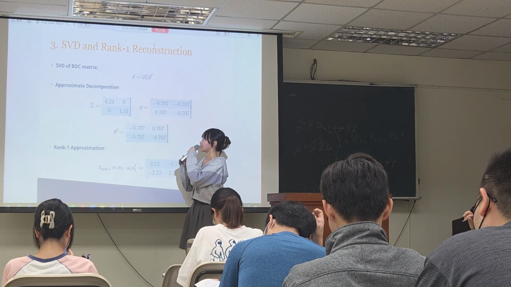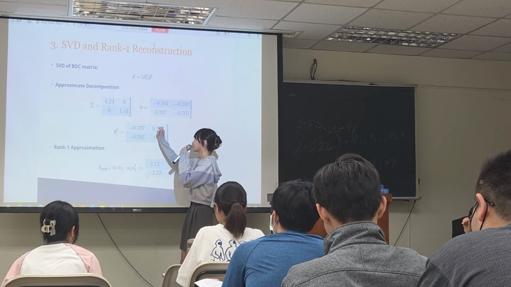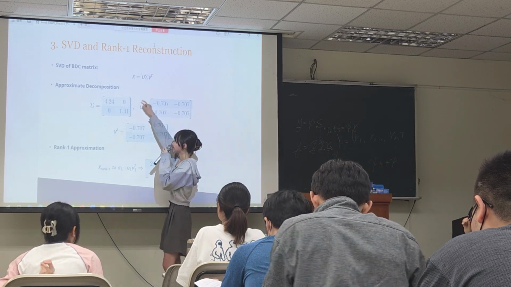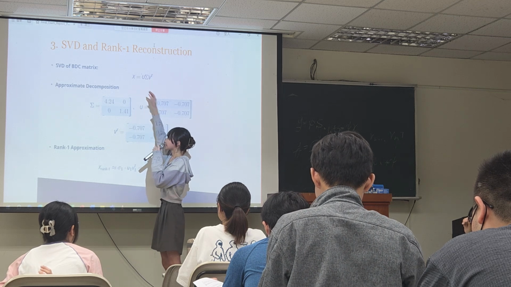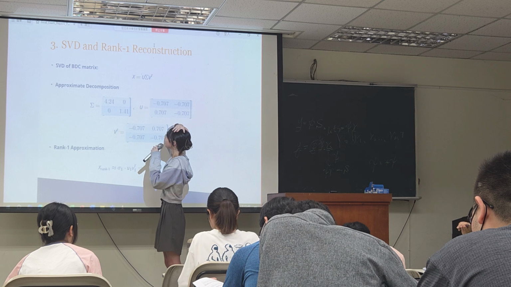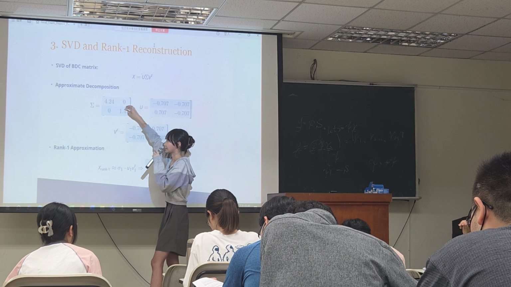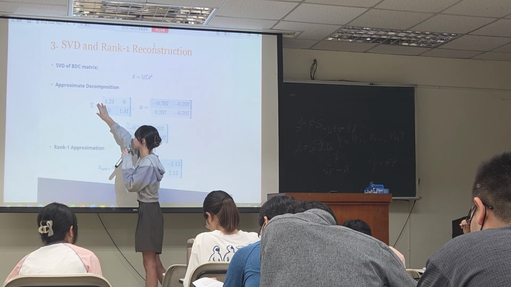And then it's SVD and rank 1 reconstruction. SVD breaks the BDC matrix into 3 parts, and we focus on this sigma.